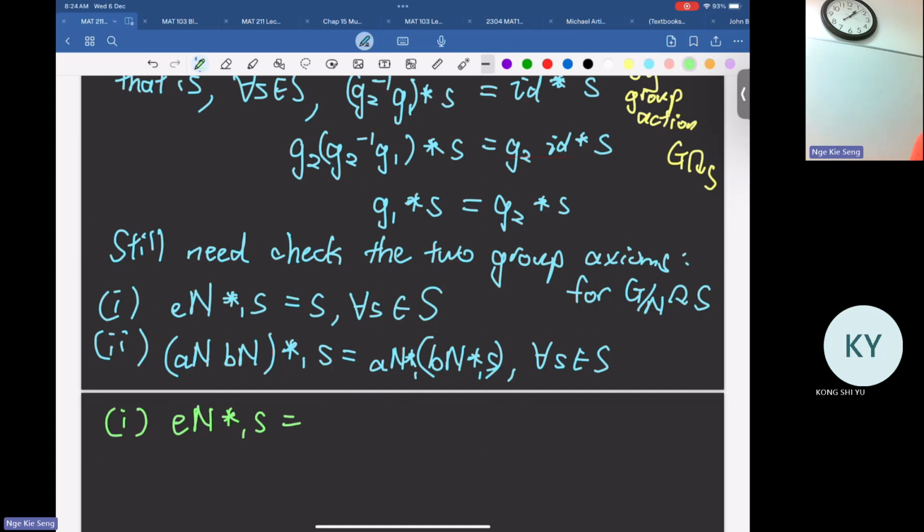So this action by definition is what? When we have a coset acting on X, we define it by just taking the representative and acting by that element. Then you return to the normal action where you get X always, if you compose with the identity. How about the second one?